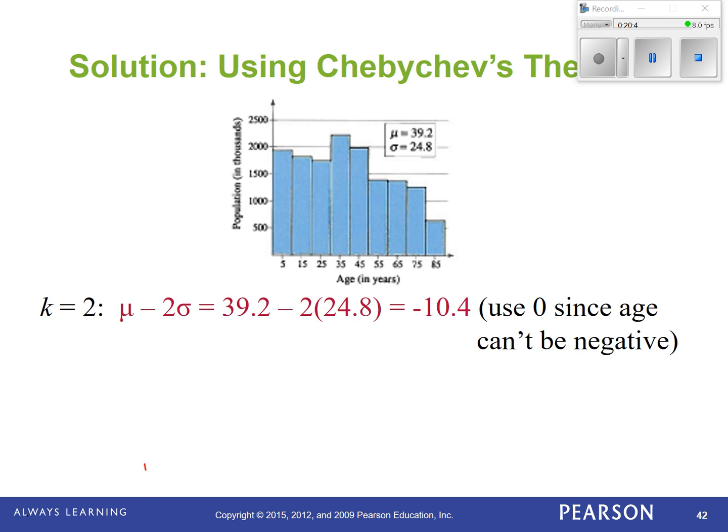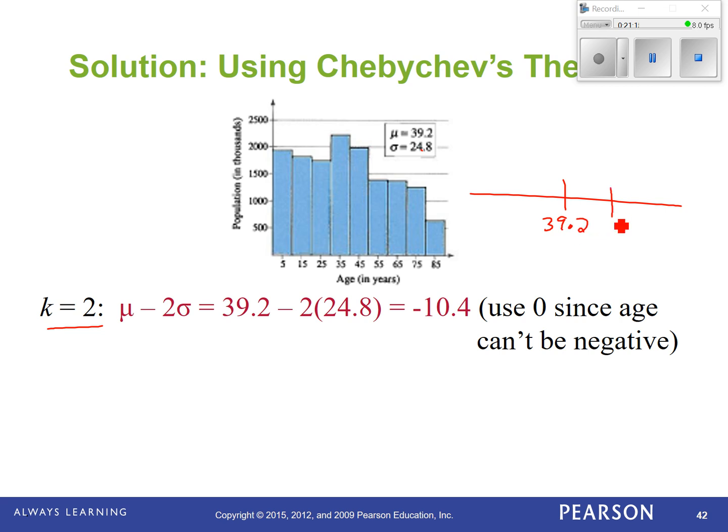And that's what I've done here. So we use k as 2. If we go from our mean out 2 standard deviations both ways, our mean is 39.2.